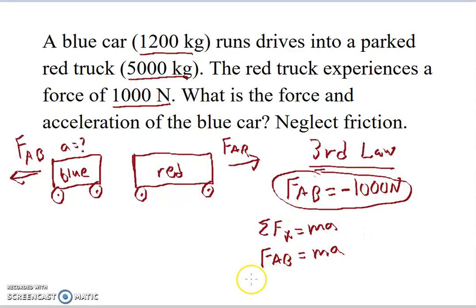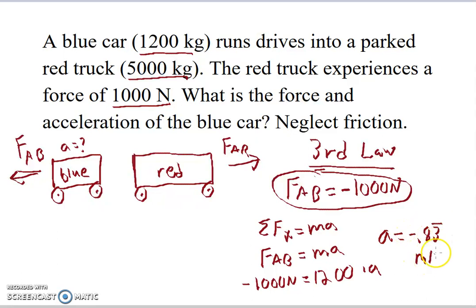So FAB is negative 1,000, the mass is given as 1,200, so negative 1,000 equals 1,200 times A. Then we divide, so A is negative 0.83 repeating meters per second squared. So that's the idea. You really just have to realize that the forces are equal, and then I can look at the second law and get the acceleration out. So that's really it for the third law.